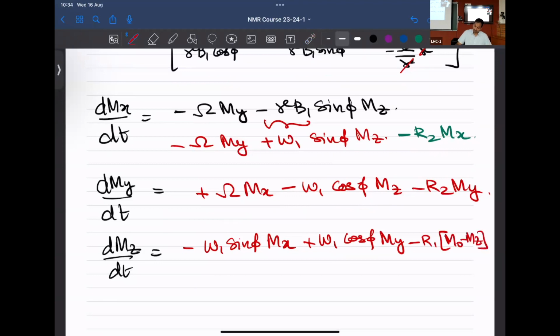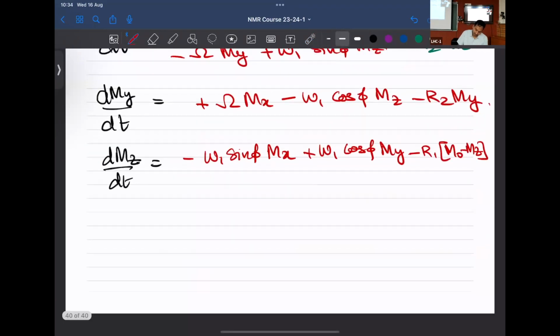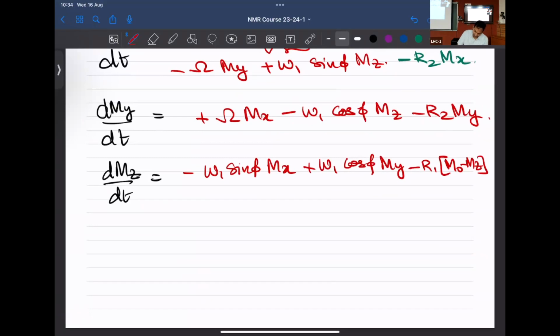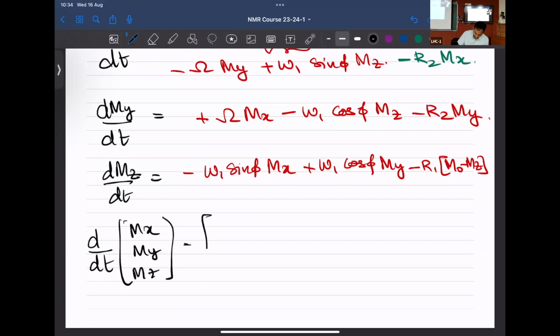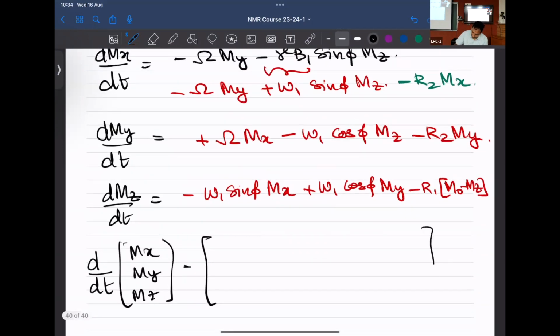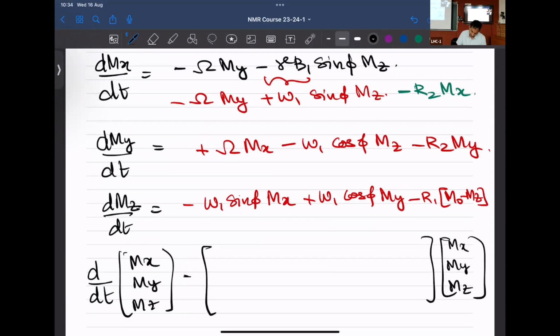This is the equation that we have. Correct? Therefore, all this can be put together with each other, which is d over dt of Mx, My, and Mz can be put together as a function of Mx, My, Mz. For this part, I'll not write the relaxation. We can always include this later.